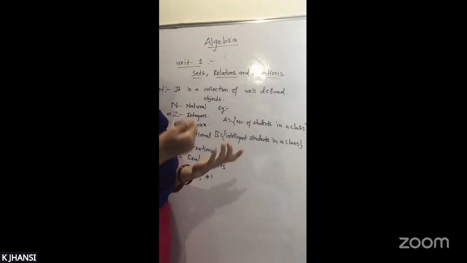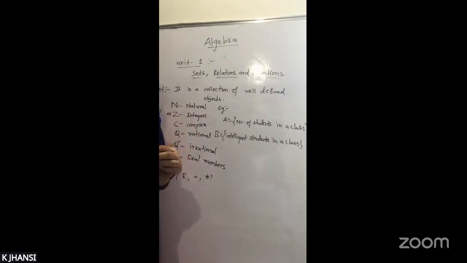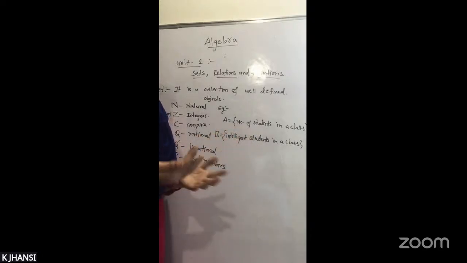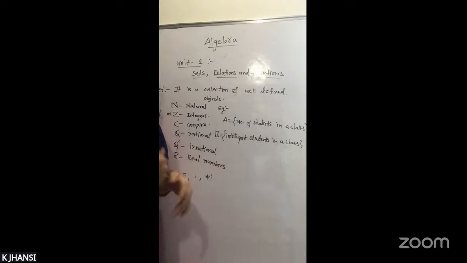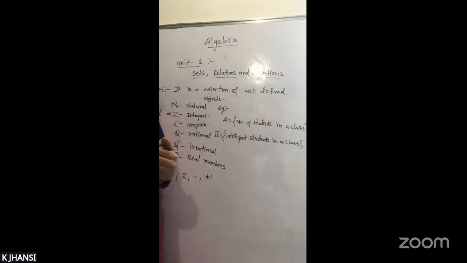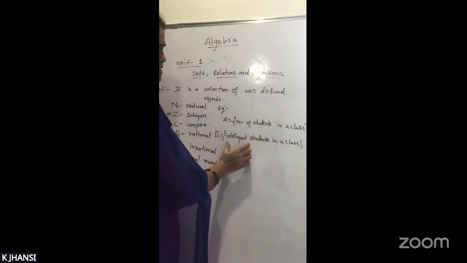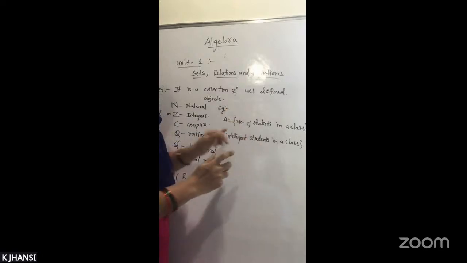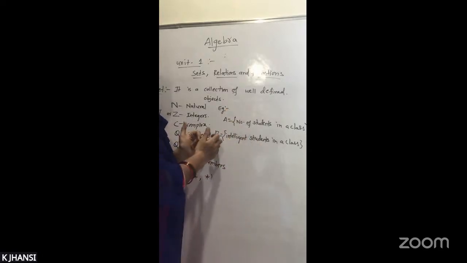Why? Because the intelligence of the students may differ in percentage, so we can't count them and say easily by seeing them. For that you have to conduct some tests and see the percentage of intelligence of the students. So this set is not a well-defined set, and therefore we can tell that it is not a set.